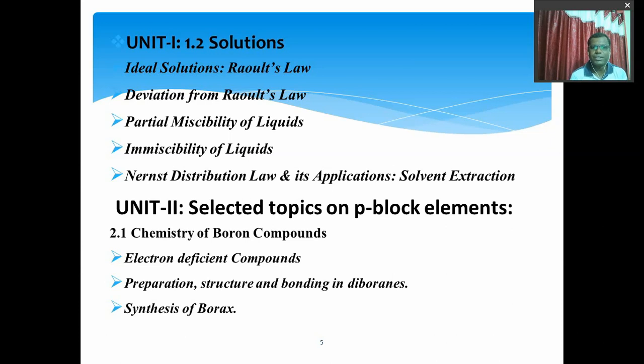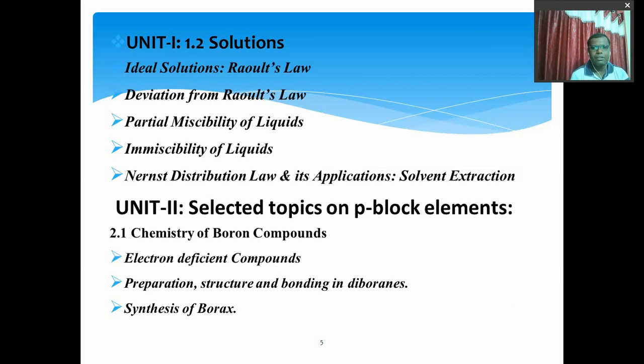One component is called the solvent, another component is called the solute. Out of these two components, one is taken in the larger quantity, another one in the smaller quantity. The component taken in the larger quantity we call the solvent, and the component taken in the smaller quantity we call the solute. So these are the two components.